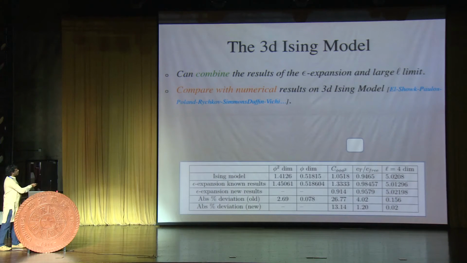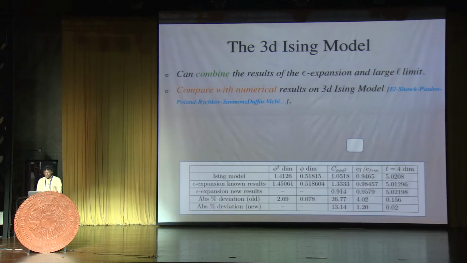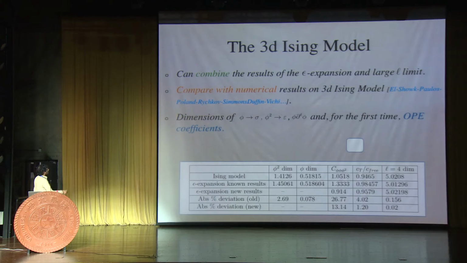And of course, the benchmark these days is the numerical results on the 3D Ising model. So you can try to compare with them. Of course, we have the epsilon expansion already for the basic fields, the spin field and the energy field.